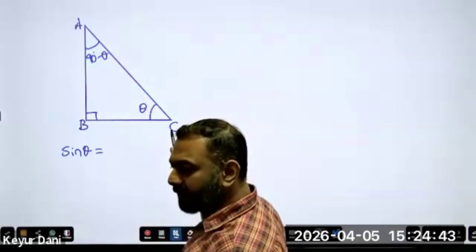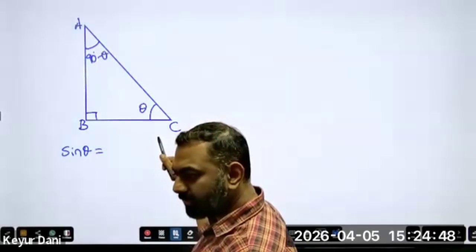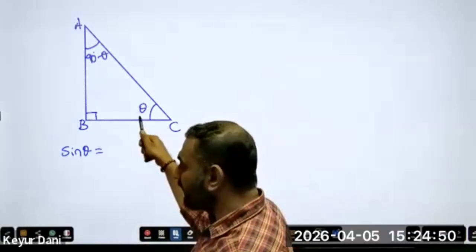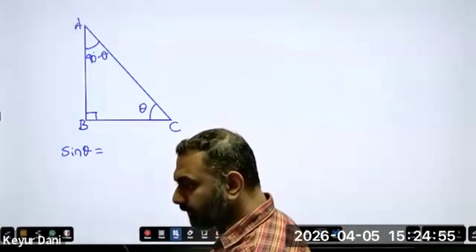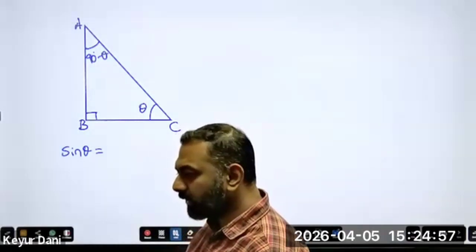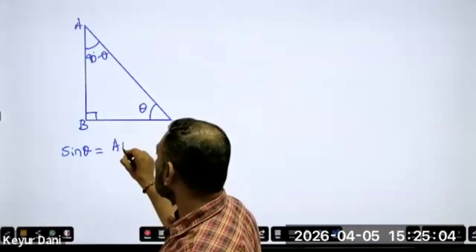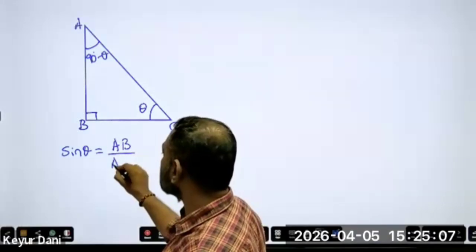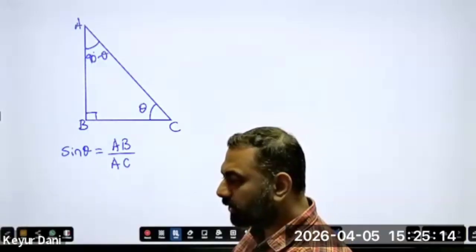AB is the opposite side. AC is the hypotenuse, and BC is the adjacent side. So for theta, sine theta is opposite side upon hypotenuse. So we get AB upon hypotenuse, which is AC. Understood?